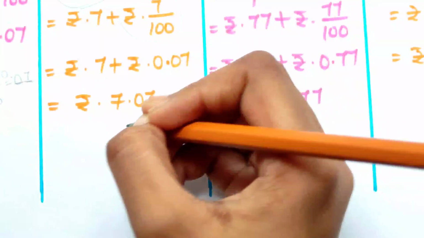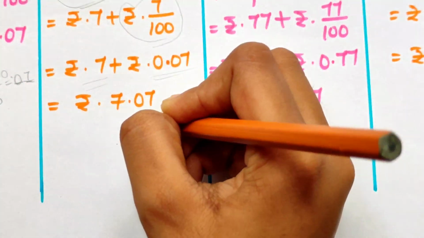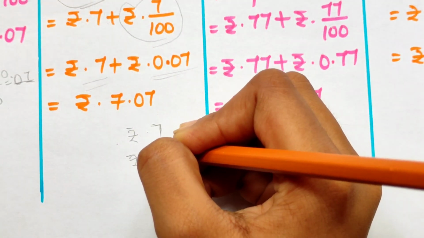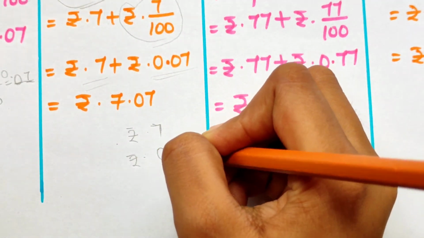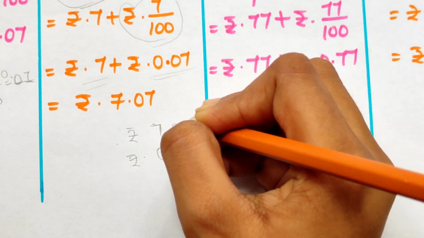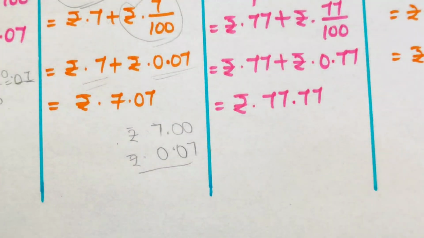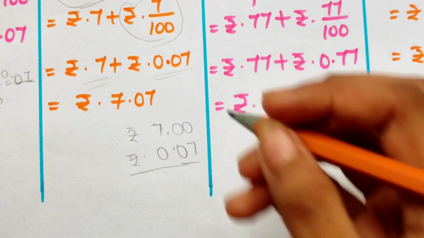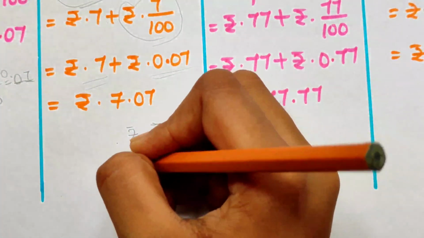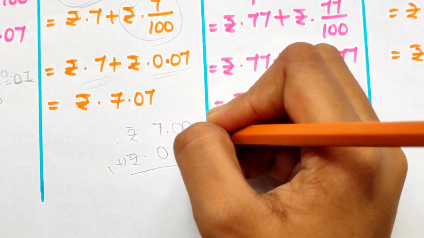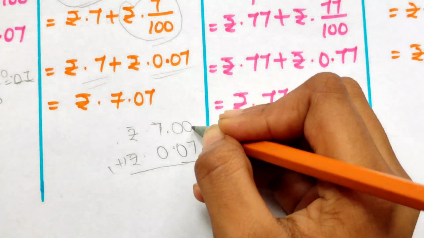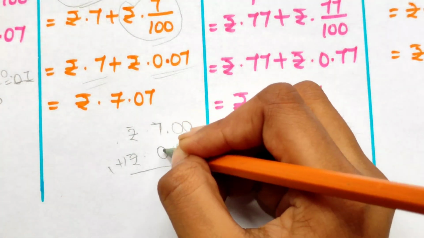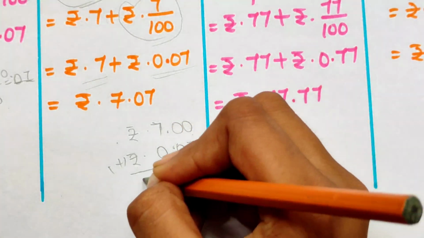Let us add 7 rupees and rupees 0.07. Here let us put 2 zeros which do not have value. Now let us add: 7 plus 0 is 7, 0 and 0 is 0, and 7 plus 0 is 7.